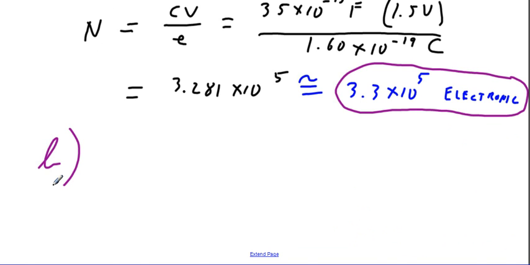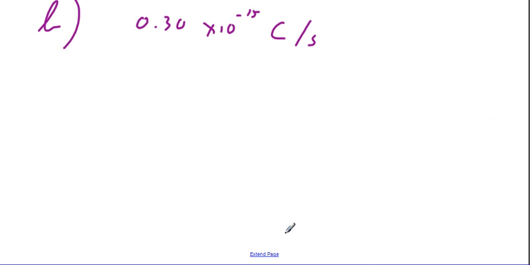B, after charge has been placed on the cell plate, it slowly leaks off at a constant rate of 0.30 times 10 to the minus 15 coulombs per second. How long will it take for the potential difference across the capacitor to decrease by 1% from a fully charged value?